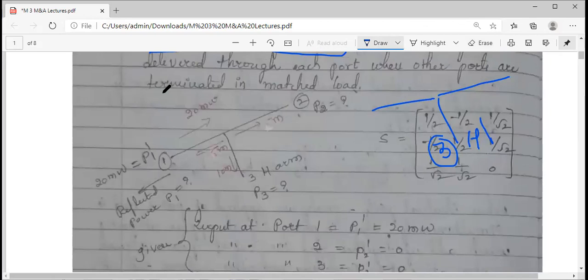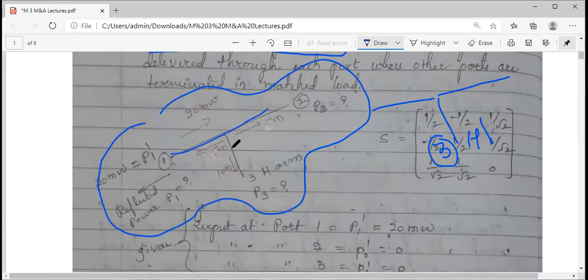This figure data I have tried to represent in the form of a figure here. You can see you have the H plane T here, and you have this H arm. Input is applied, the 20 milliwatt signal, here in port 1, one of the collinear ports they have mentioned.